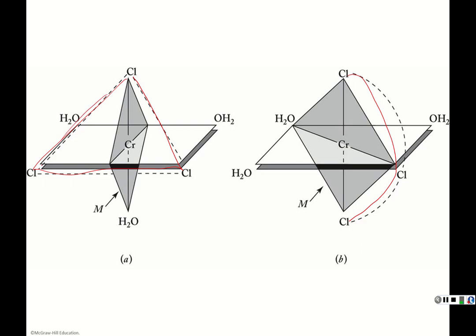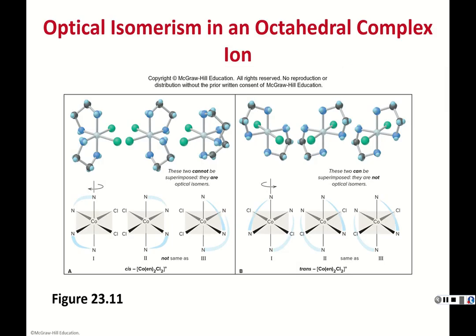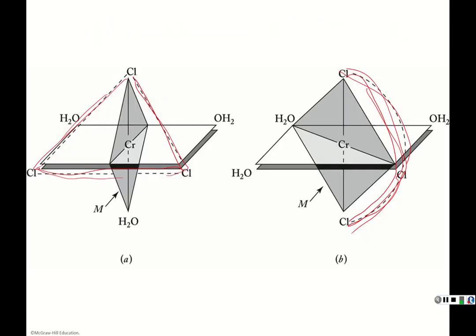So here they're in sort of a triangle, and here they're in more of a line. I'm not going to expect you to know these for this class, but just understand that there are higher order geometric isomers.